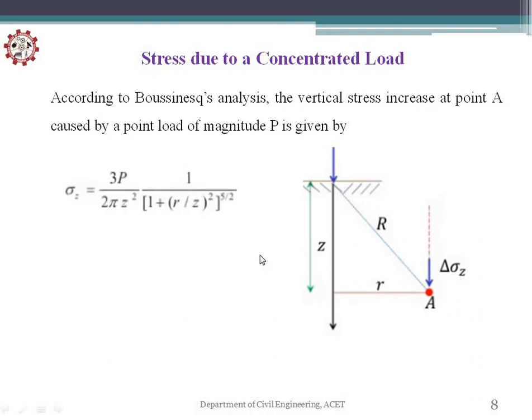So this is given by this formula: sigma z equals 3P, where P is your load, divided by 2 pi z squared, where z is the depth, into 1 plus (r/z) squared, all raised to the power 5/2. Or sigma z equals P upon z squared into Ib, the rest is the Ib.